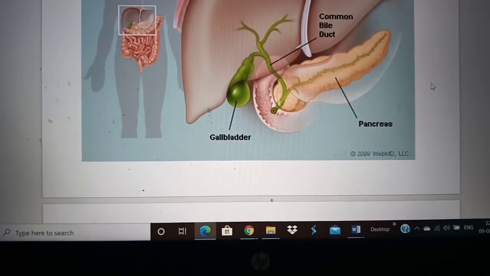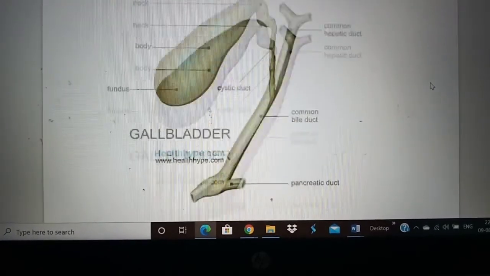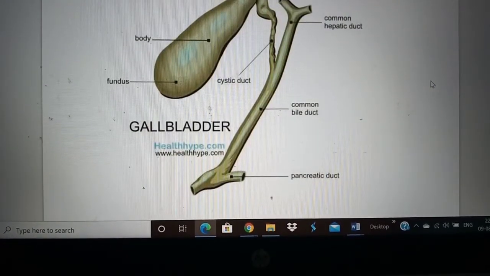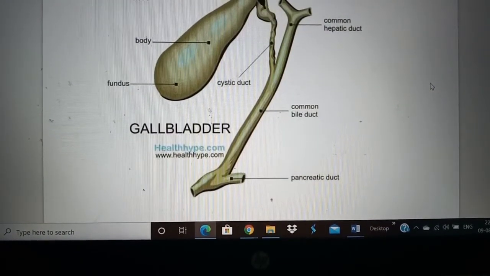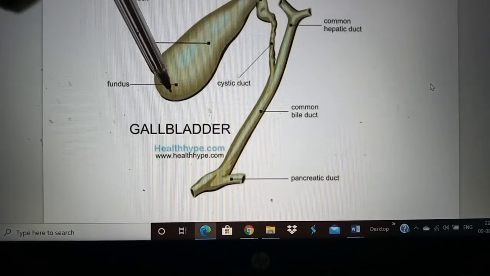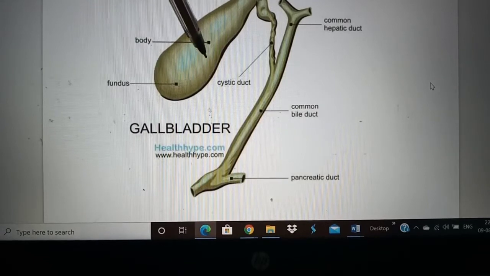It is shaped like a pear, as you can see in the next picture, with its tip opening into the cystic duct. The gallbladder is divided into 3 sections: the fundus, the body and the neck.